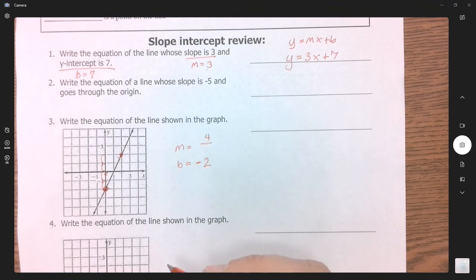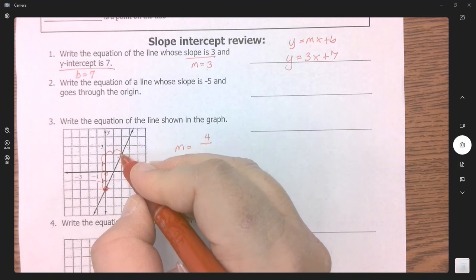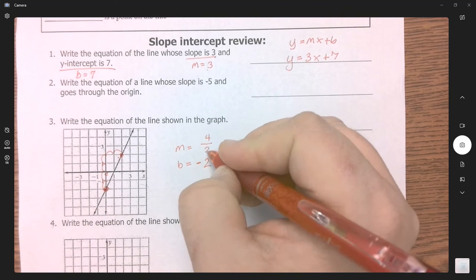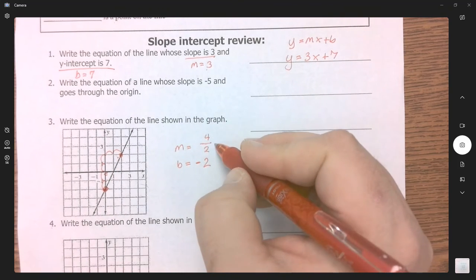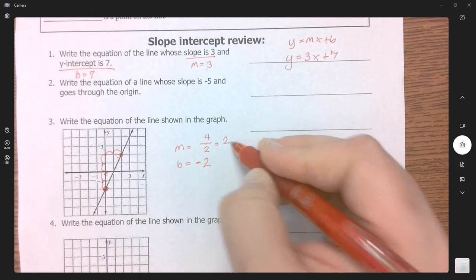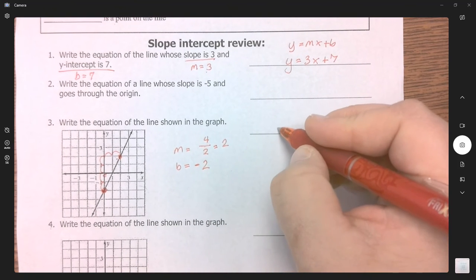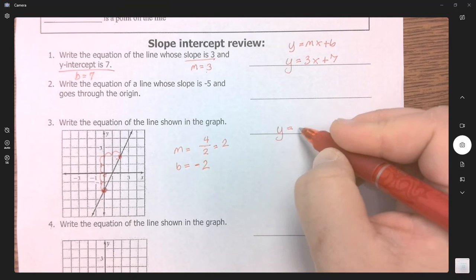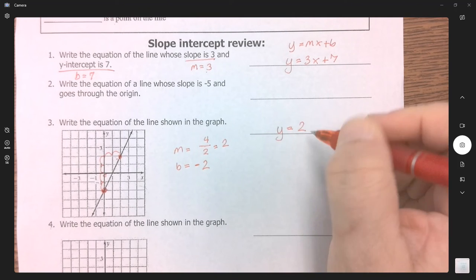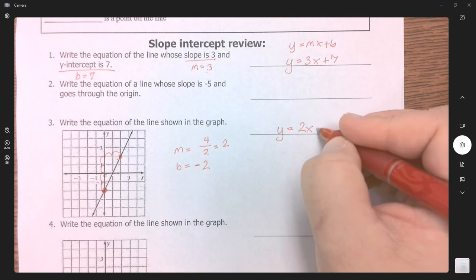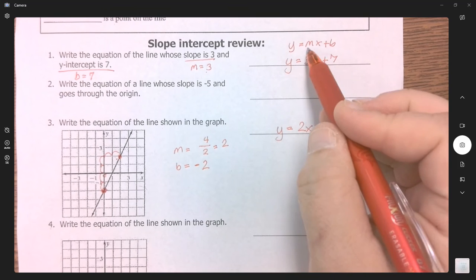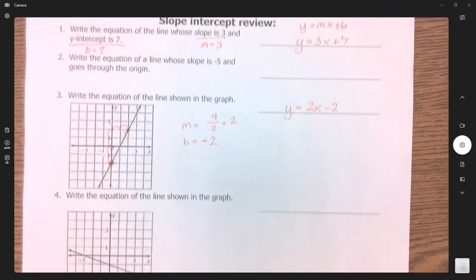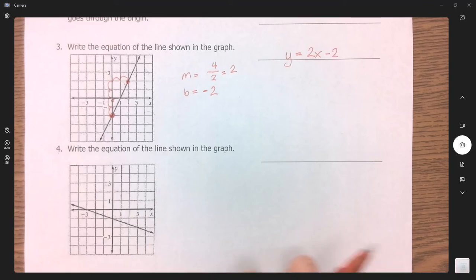Put that on the top. And then my run over 1, 2. So my slope is 4 over 2, which is equal to 2. So to write the equation of a line, it's going to be y equals 2x minus 2, using our y equals mx plus b format. You can also go ahead and do 4.